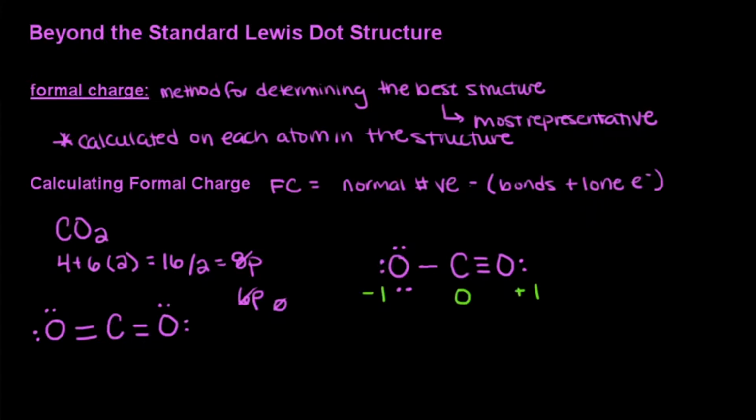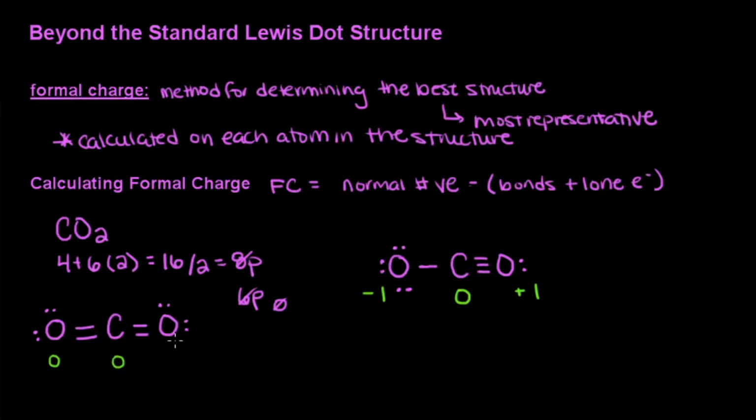Let's start here with the oxygen on the left. Normal number of valence electrons is 6 minus 1, 2, 3, 4, 5, 6. 6 minus 6 is 0. Carbon has 4 valence electrons minus 1, 2, 3, 4.